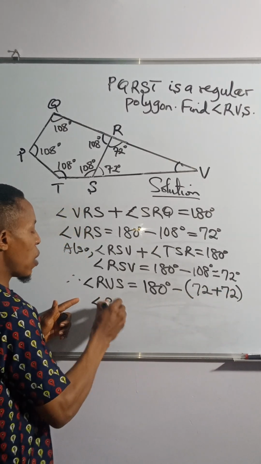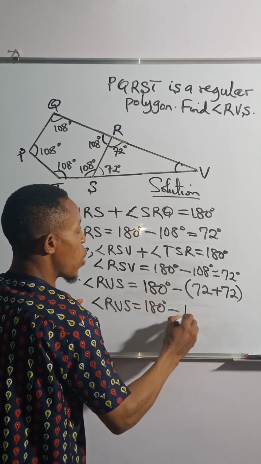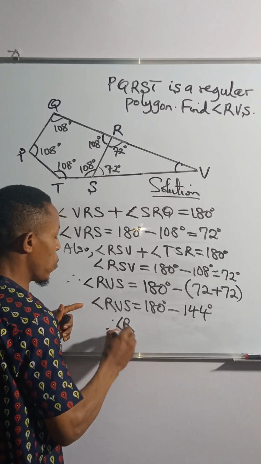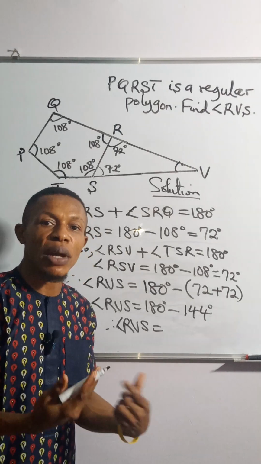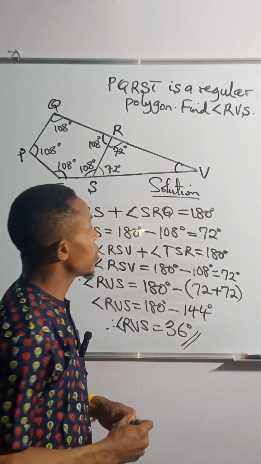When we add these two, we have 144 degrees. Therefore, angle RVX will be 180 degrees minus 144, which is 36 degrees.